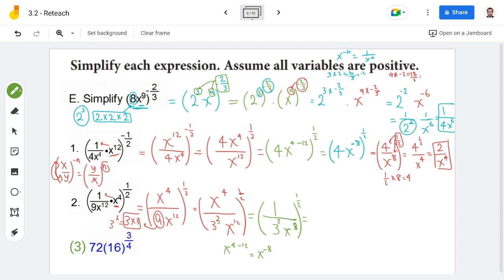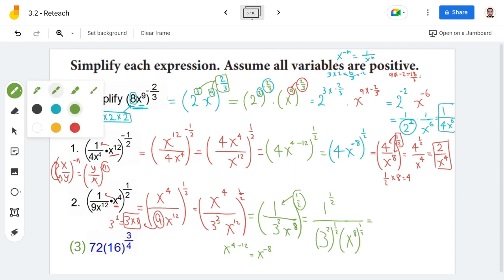Now let's distribute the half to the numerator and the denominator. So it will be 1 to the power of 1 over 2, and here 3 to the power of 2, all of that to the power of 1 over 2, and x to the power of 8 to the power of 1 over 2. Now we can multiply the powers together.